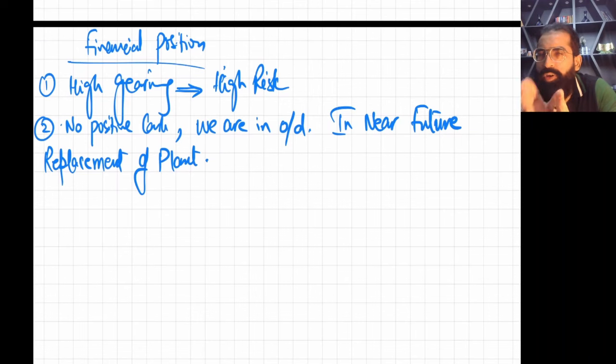So there is one option: you have to go for a loan, but you are already in high gearing, so you cannot take more loans as well. So the last option left is operating lease. You need to take assets on lease, like an operating lease.